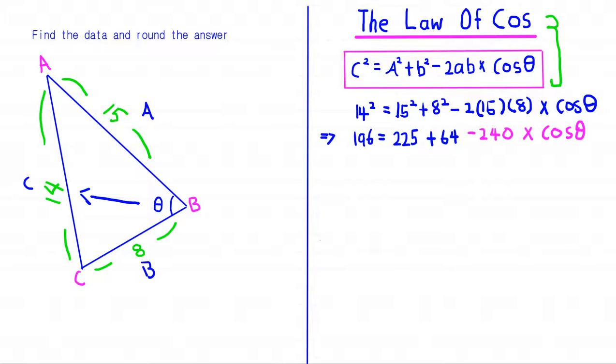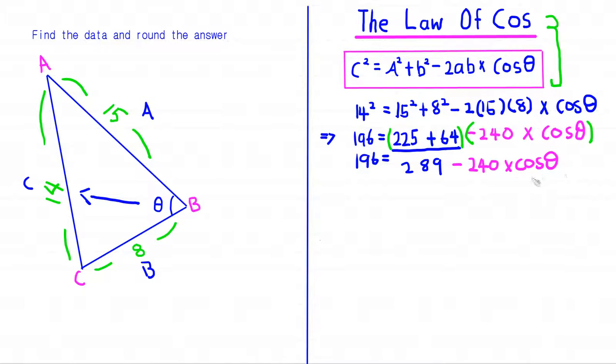If you put parentheses right over here, not to be confused with the expressions. If you simplify further, it will be 196 is equal to 225 plus 64, which is 289, and then minus 240 times cosine of theta.